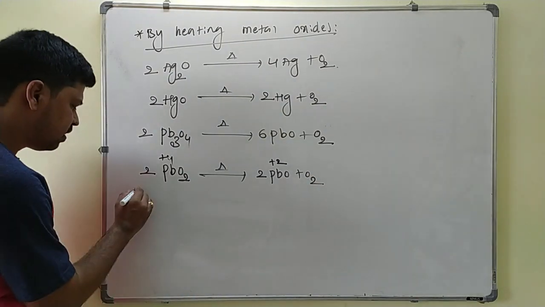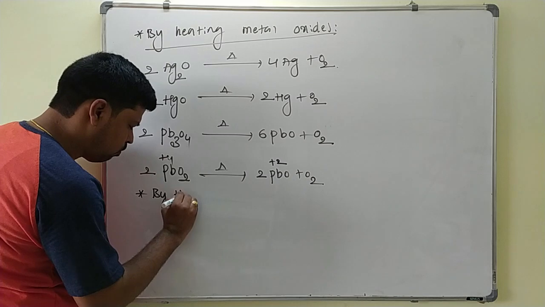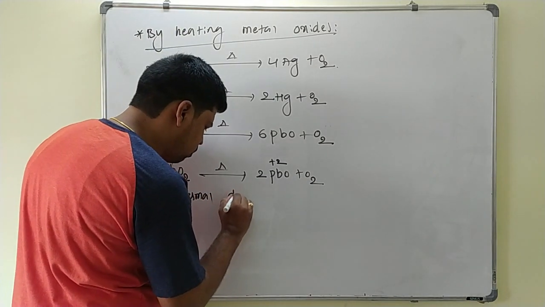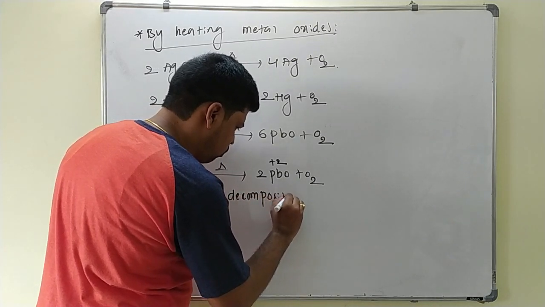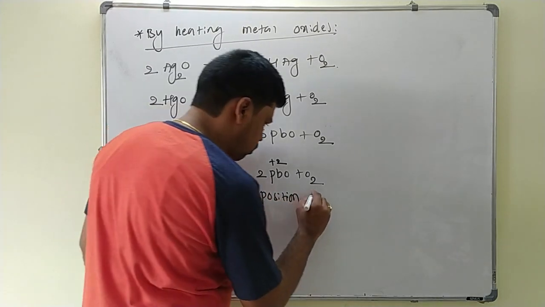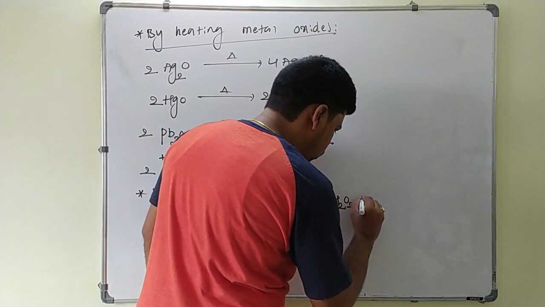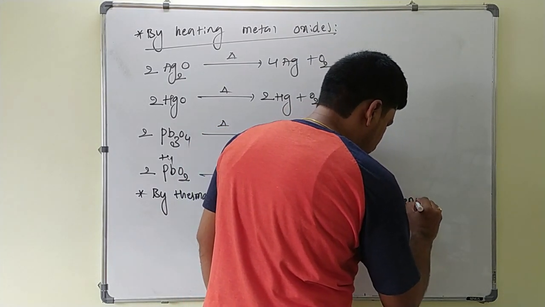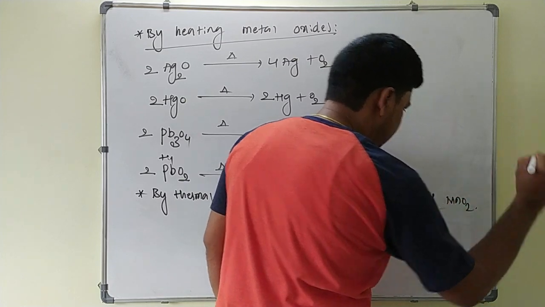The next one is by thermal decomposition of hydrogen peroxide, that is H2O2, in presence of catalyst MnO2.